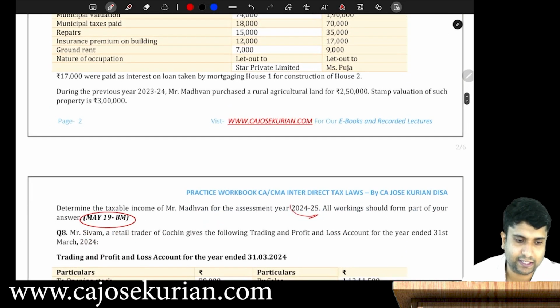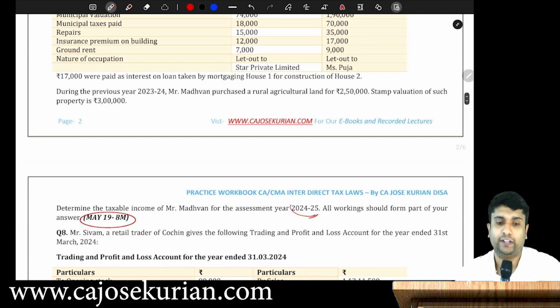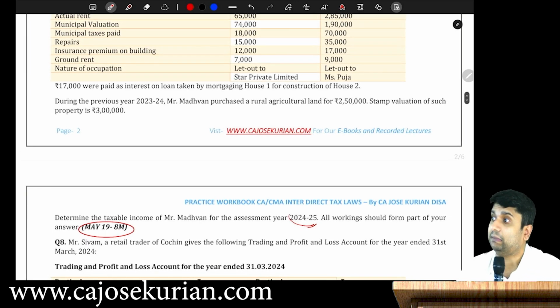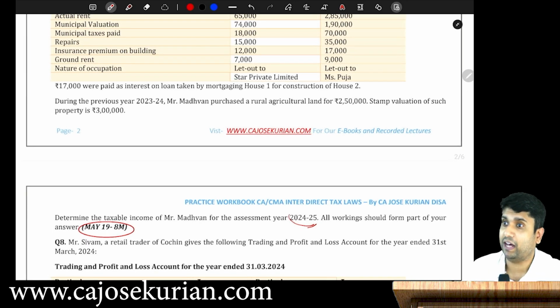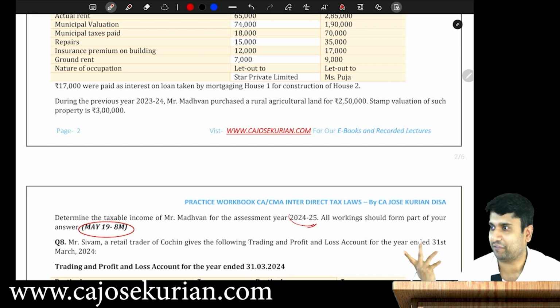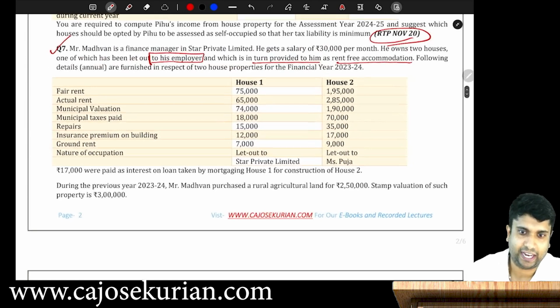Then determine the taxable income of Madhavan for assessment year 24-25. All workings should form part of your answer. In the May 19 exam, 8 marks they have tested this. Maybe 4 marks for salary head and 4 marks for house property head, that I don't know, I simply guessed it.